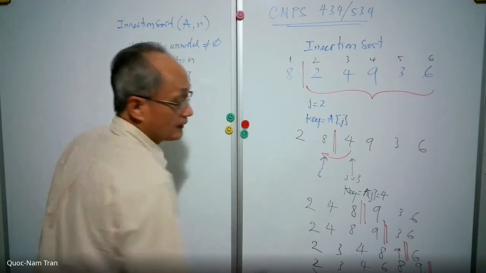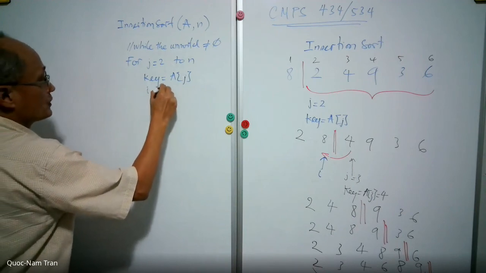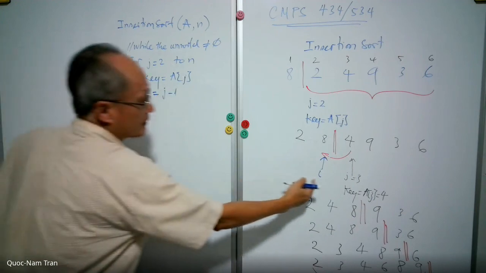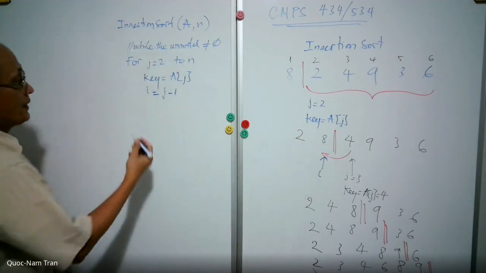We can have a variable i here, right? j minus 1 is where we start scanning the values in the sorted part.